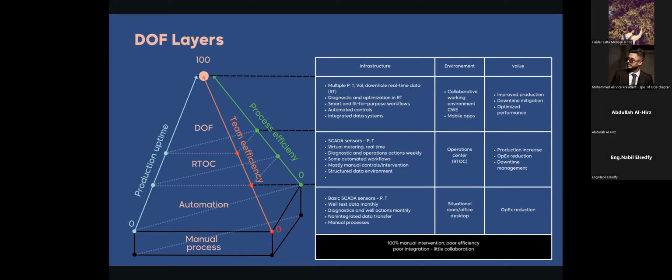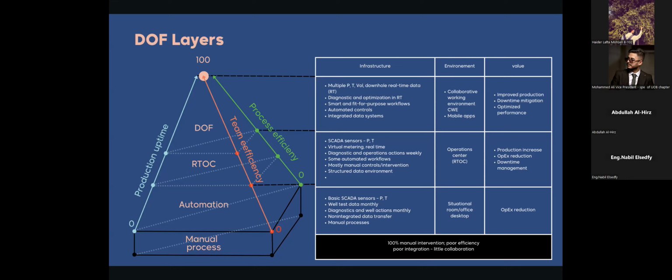That's it. And the environmental effect on that is now we can see a more collaborative working environment, and we start utilizing mobile applications. So now even the operation team working in the degassing stations or in the refineries is not disconnected from the reservoir and subsurface team.